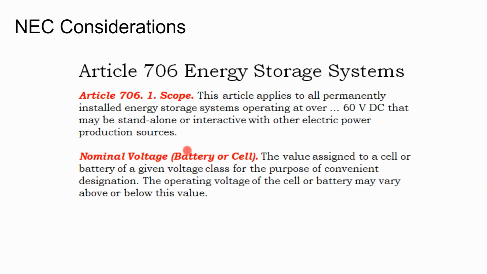And so the nominal voltage of a battery is like its nickname. So there is a voltage range that the battery is going to go in. When it is charged up to the very top, it's at high voltage. When it's discharged to the very bottom, it's at low voltage.